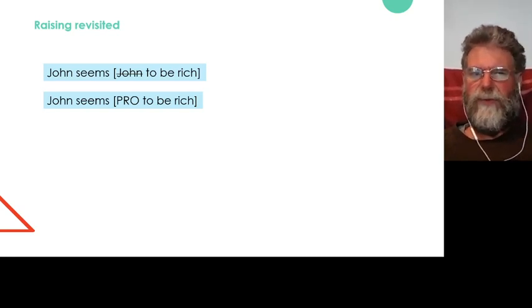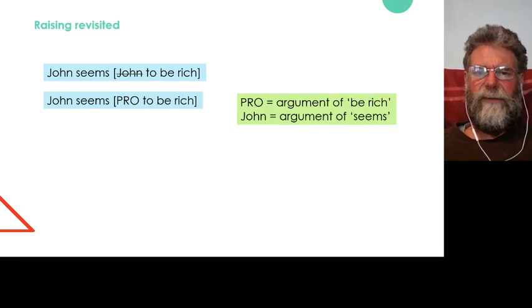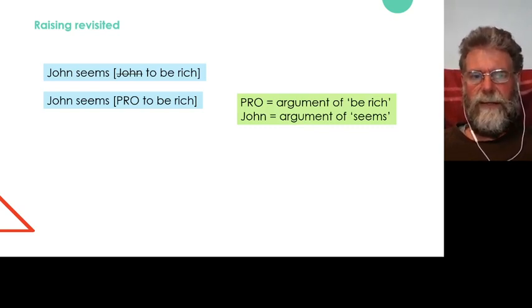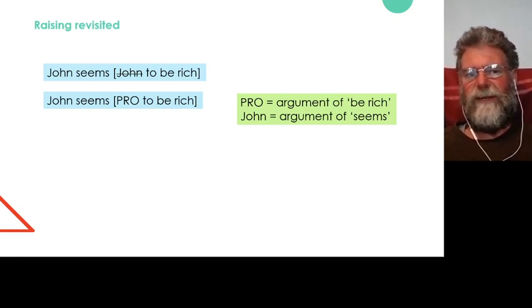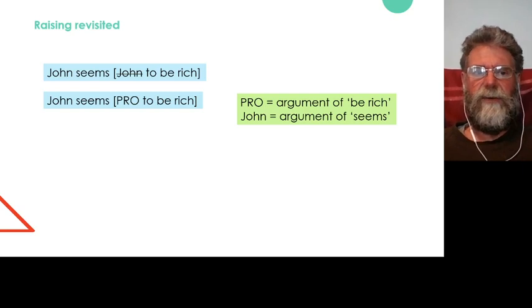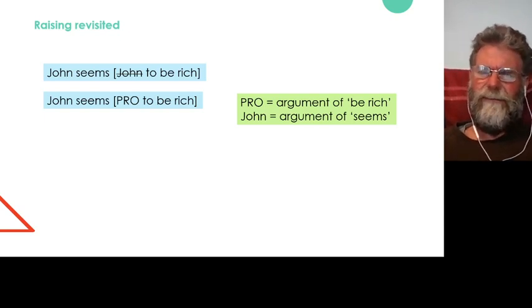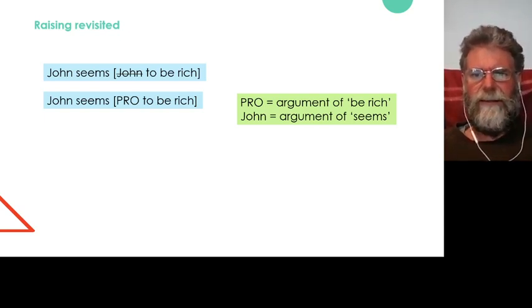Now, if this were true, we would have to interpret the unpronounced pronoun as the argument of be rich, the one that's interpreted as being rich. And we would have to say that John, as a separate argument, is related to the predicate seems. So John is the one who seems. Now, that doesn't sound quite right.